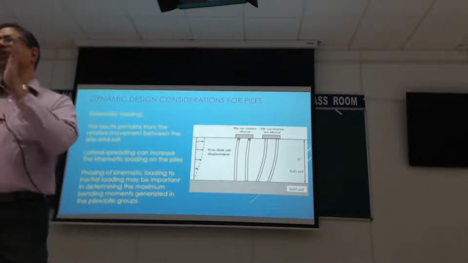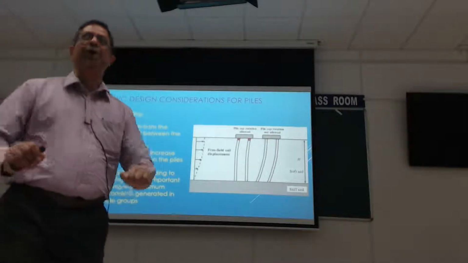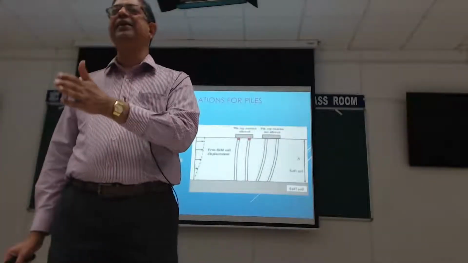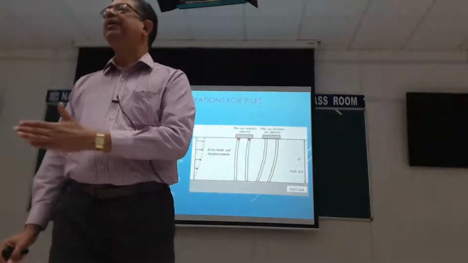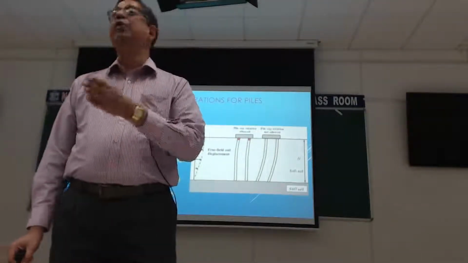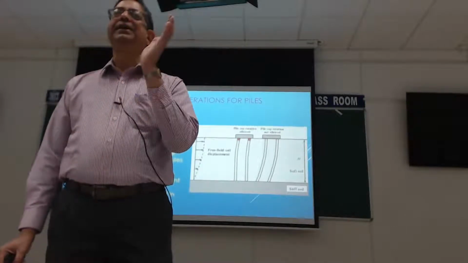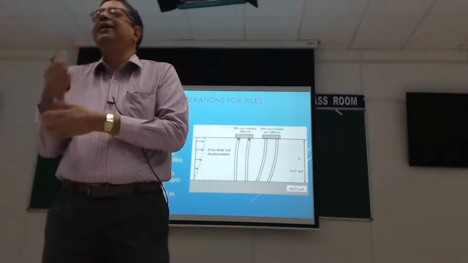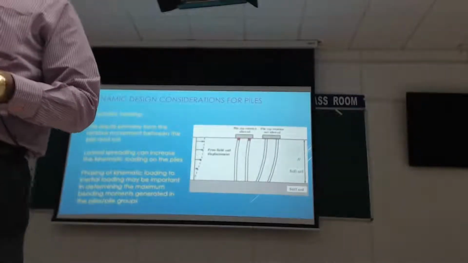Which means by the time you mobilize your soil to go, the earthquake is finished. And therefore, the kinematic load imposed by the lateral spreading soil generally will be considered not in phase with the inertial loads. However, the shaking part of the inertial load, because the two things are shaking differently, can be in phase or out of phase.